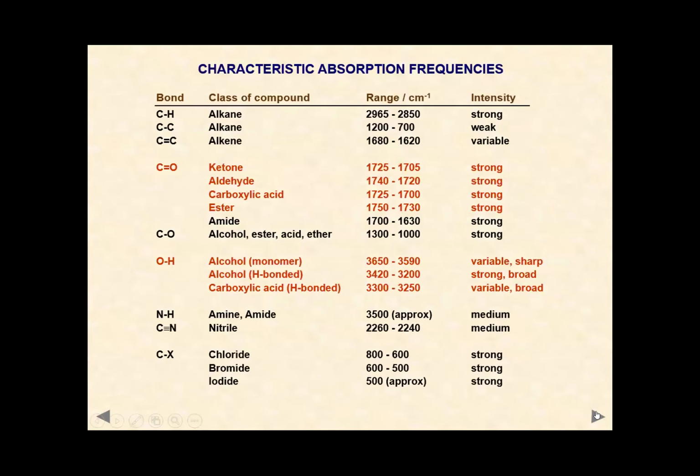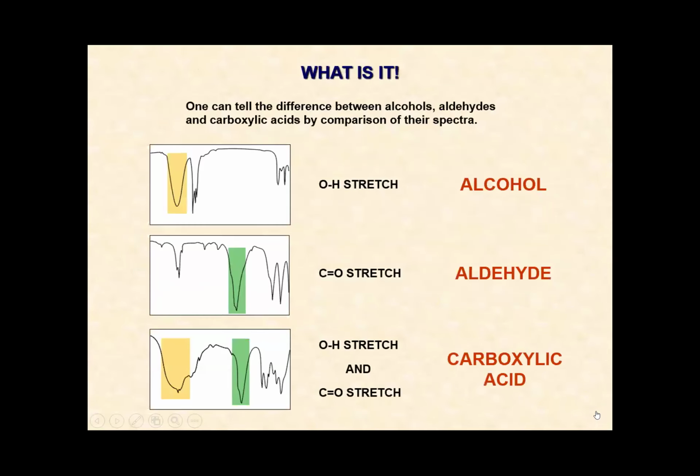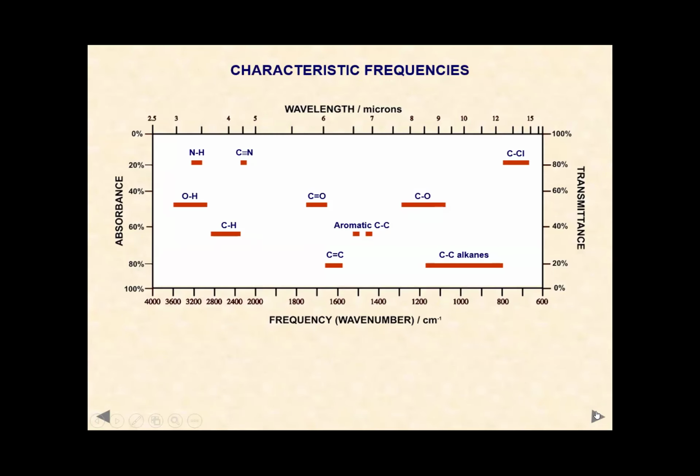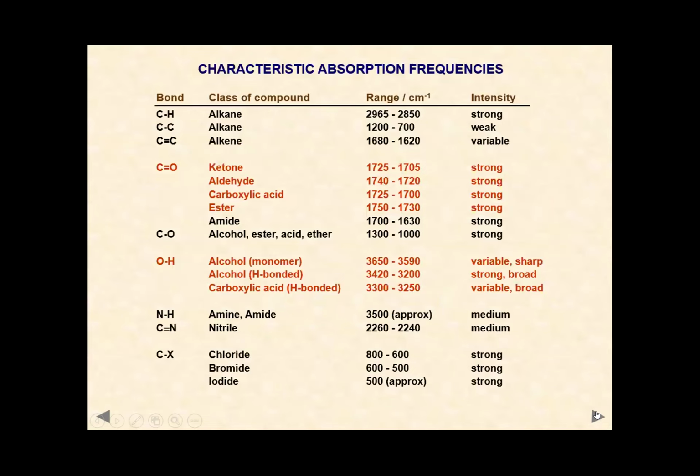Okay. All right. So again, this is another way. Maybe in your paper it would be given like this, or this, or this. You can easily see now what has been shown in it: bond, class of compound, range, and then the intensity.